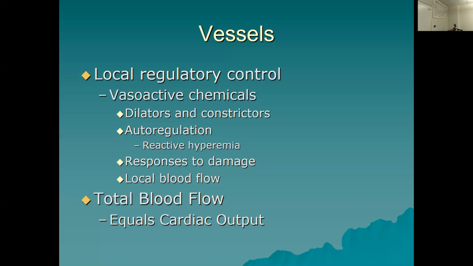And the local regulation involves the vasoconstrictors and vasoactive chemicals we just talked about before. It continues on page 802, which talks about nitric oxide, a very powerful vasodilator, and prostaglandins and thromboxanes, which are powerful vasoconstrictors.